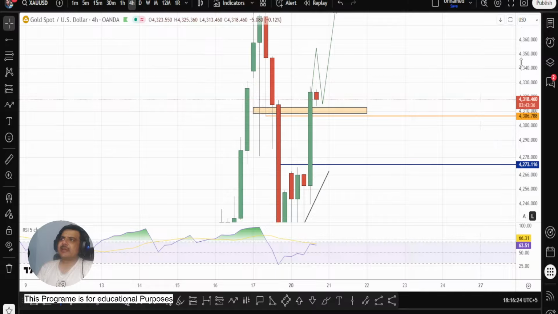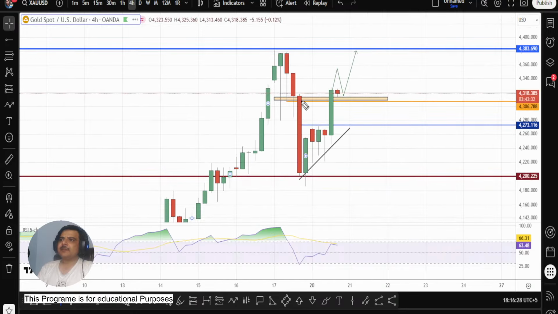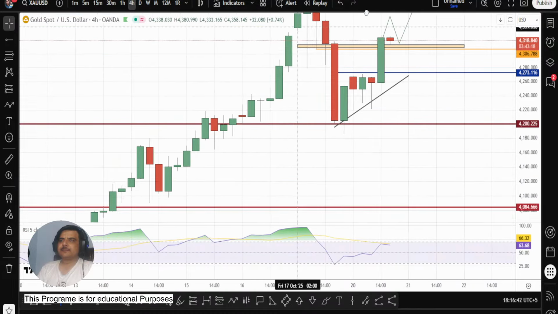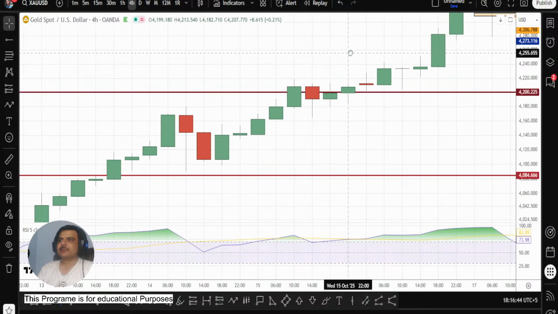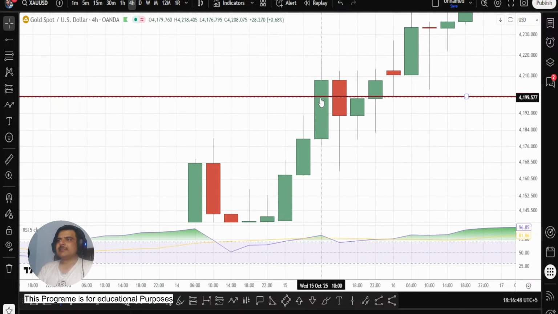But obviously, as per the price action, this can come back down and take a retest of the previous candle. Let me give you an example. Have a look at this candle. See, this candle was bullish, it gave a break above.